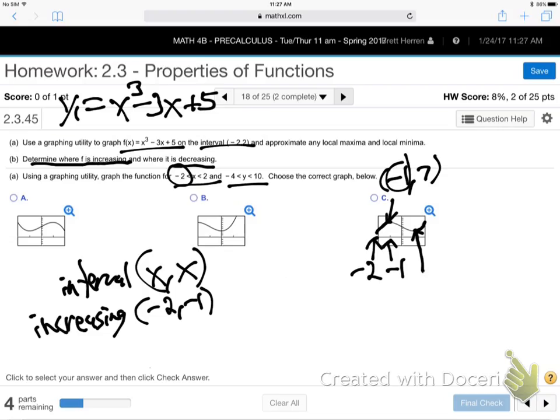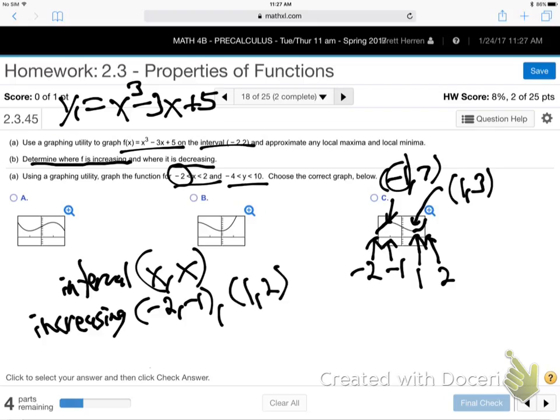So I'm not confusing you, this dot here is over 1, up 3. So then this is another increasing interval, and that would be x value to x value, over 1 to over 2. Comma, over 1 to over 2.